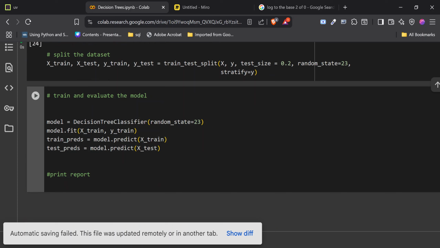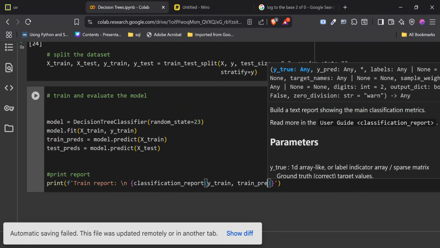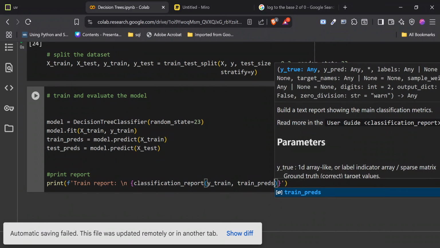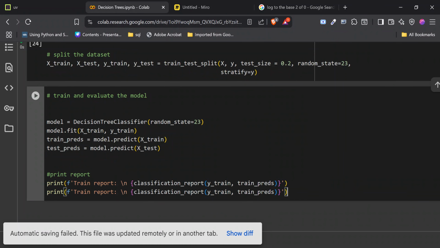We're going to do that by saying print, f-string, train report, and we're going to put that on a new line and say classification_report of y_train, comma train_pred. We've already seen this in the previous classes, on how to get the classification report and how to evaluate these things generally.